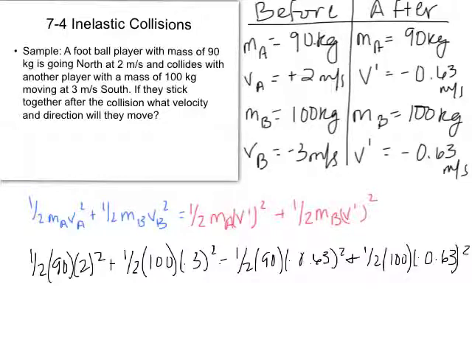All right, so this first one simplifies to 180 joules plus 450 joules, which will be 630 joules.